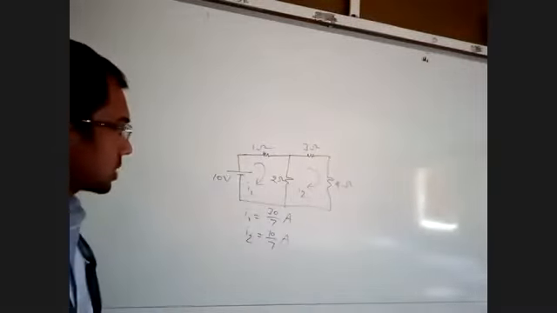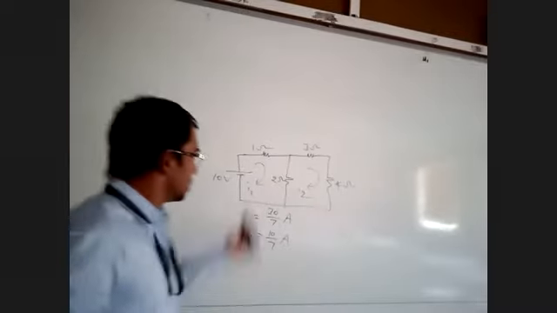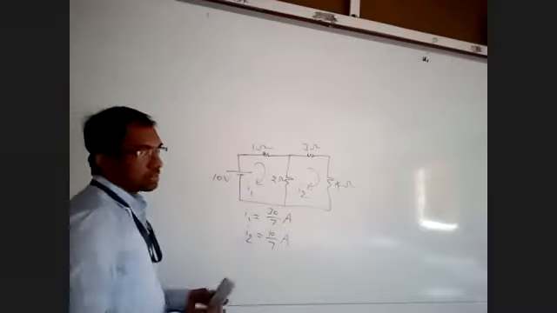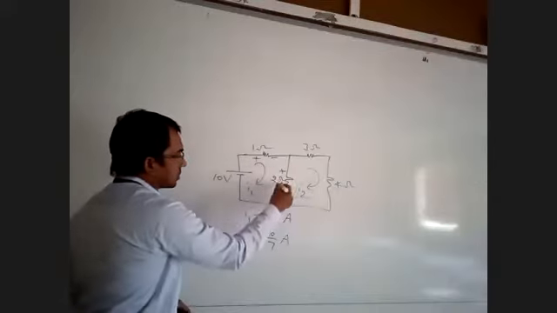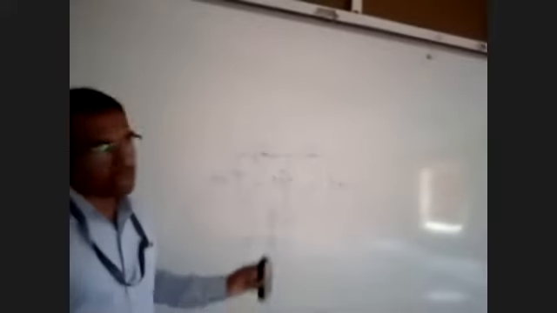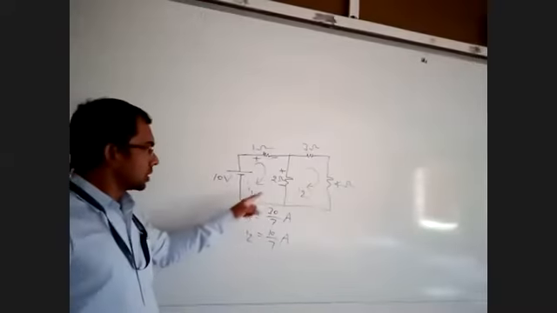Yesterday we had discussed how to write the loop equations, how to write the voltage equations. What is the first step? In the direction of current, we take plus and minus, only for resistor, inductor and capacitor. Here inductor and capacitor are not there, so I am keeping plus and minus for resistors in the direction of current I1 in the first loop.